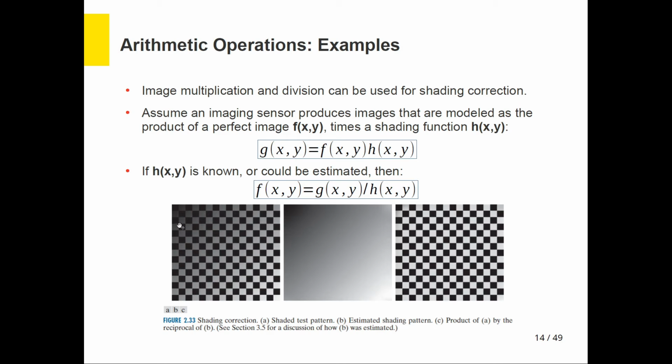As you can see, the intensities on the top left corner are much darker than the intensities on the bottom right corner. If through whatever means we can get an estimate of this shading function, for example if we just scan a blank piece of paper, we can use arithmetic operations, in this case division, to create an artifact-free image.